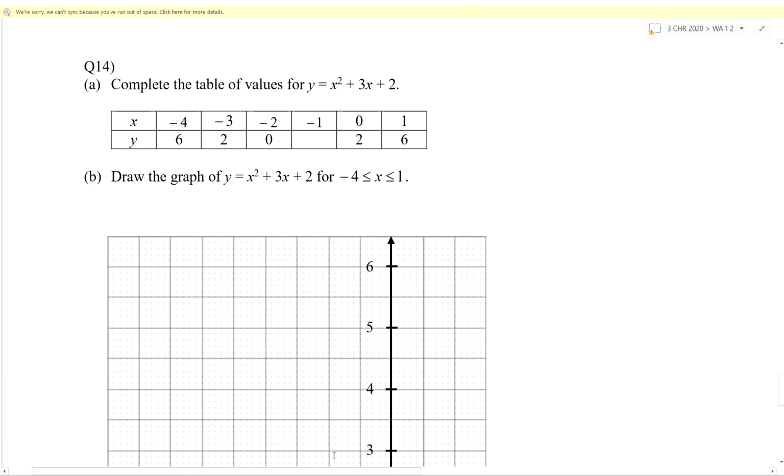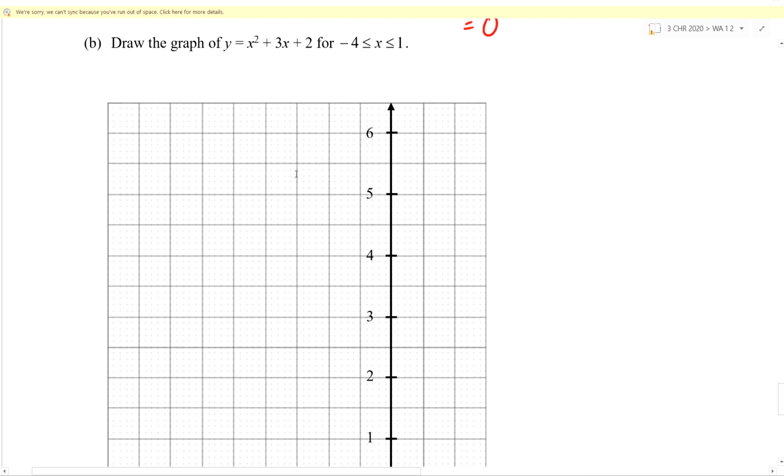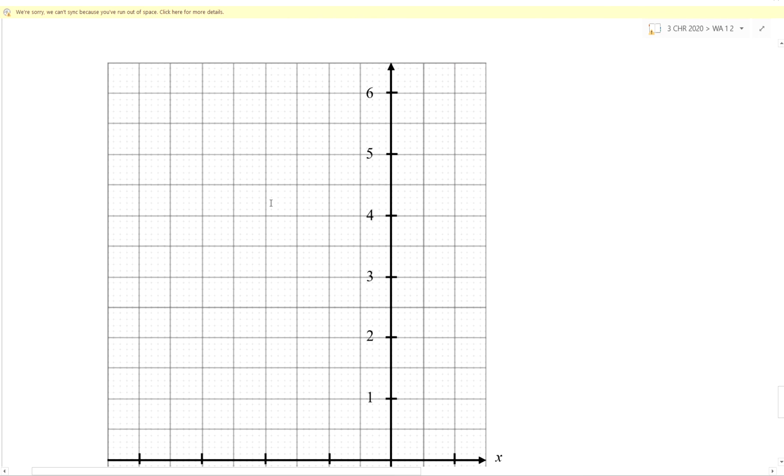So again, we have to complete the tables. Same strategy. Every time we see the x, we change it to a bracket. Plus 3 bracket plus 2. So the value we want is negative 1. Put that in. Calculator will give us 0. So plot the following into the table. So negative 4 and 6.